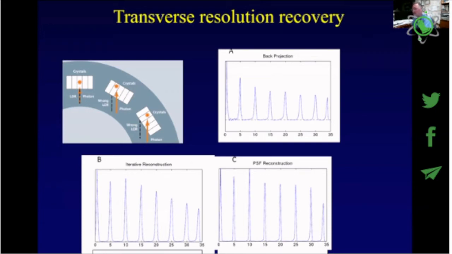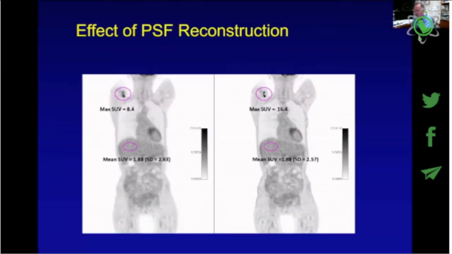It's been around for a while right now, but I am trying to provide the historical aspect, or the options that are currently available on your scanners, that you should be aware of regarding advances in PET imaging rather than standard PET imaging.